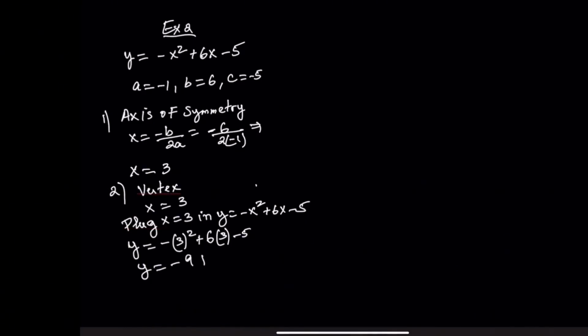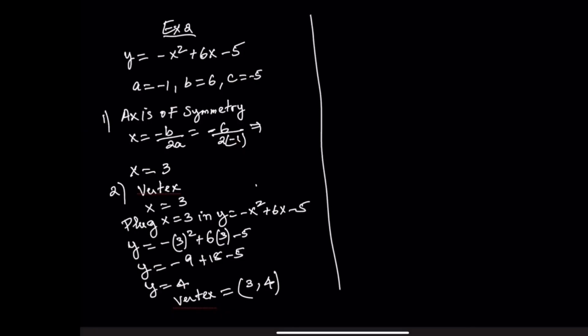Simplify. Negative 9 plus 18 minus 5 equals 4. So the vertex is at the point 3, 4. Since a is negative, this parabola opens downward, making the vertex the highest point on the graph.